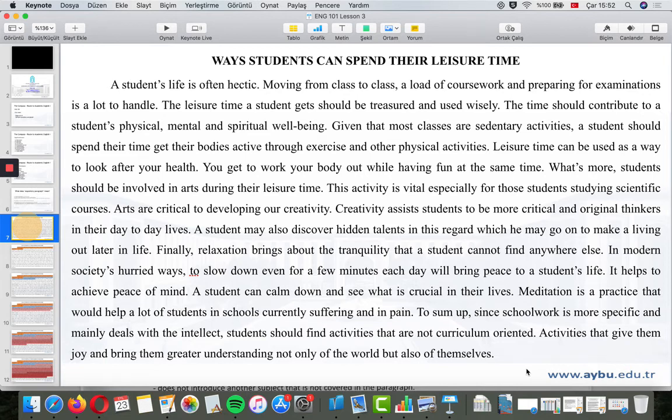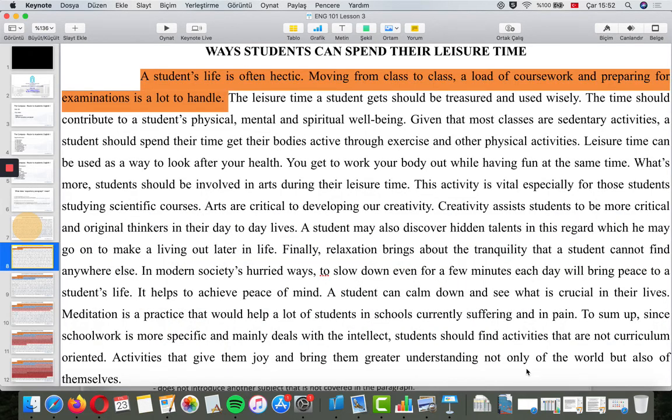Okay, the topic of this video is ways students can spend their leisure time. Leisure time means their free time, whatever they want to do with that amount of time. So when you look at this paragraph, the first sentence here is the topic sentence.